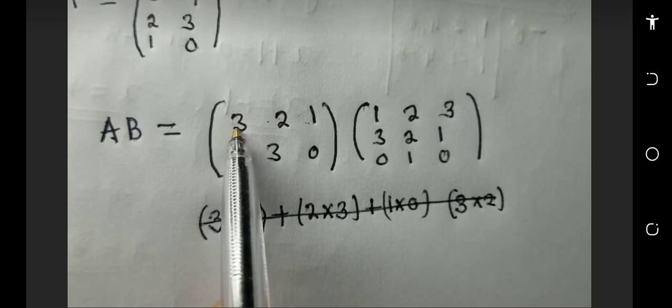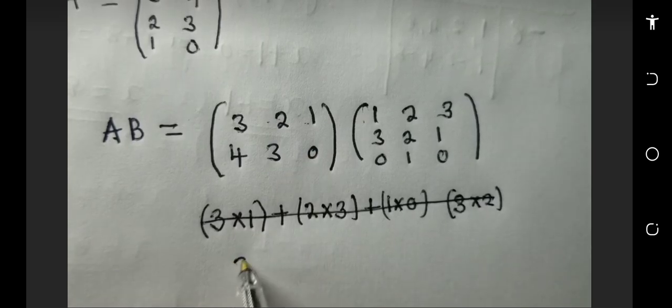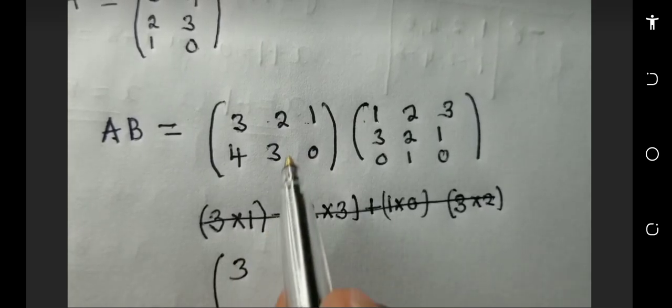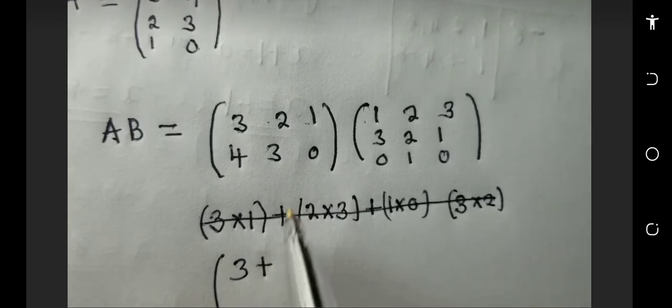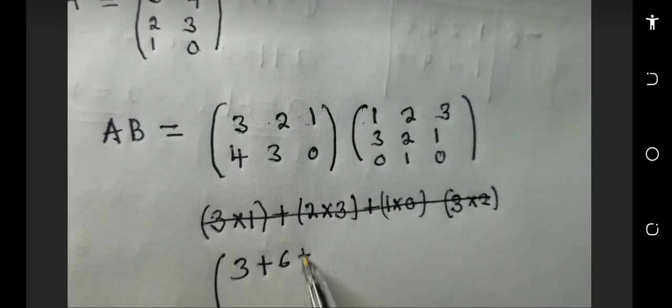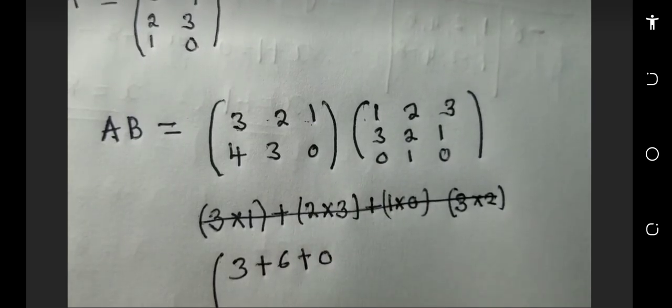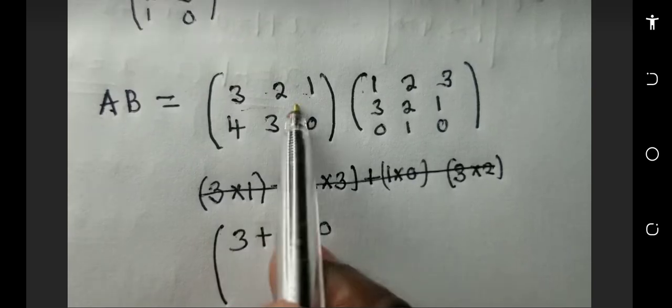Just keep on following. So it will be 3 times 1, that is 3, plus 2 times 3, that is 6, plus 1 times 0, that is 0. So this is how you multiply, row by column.